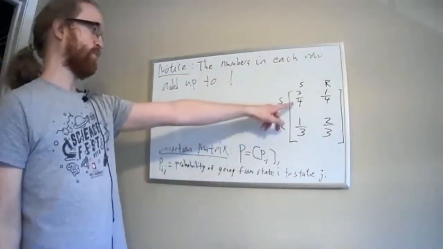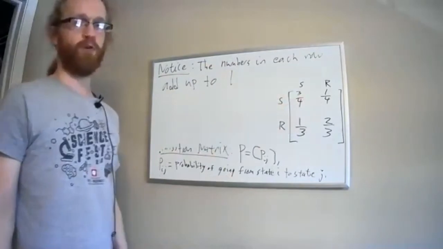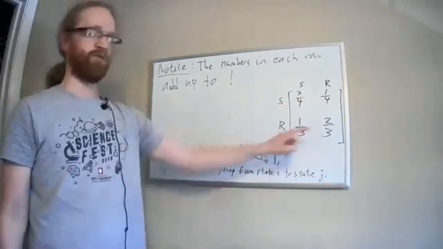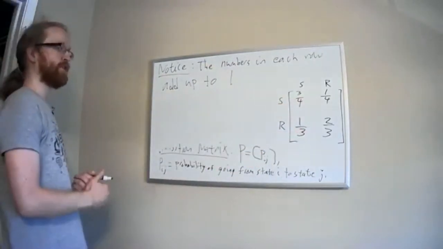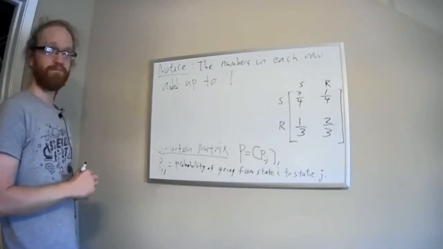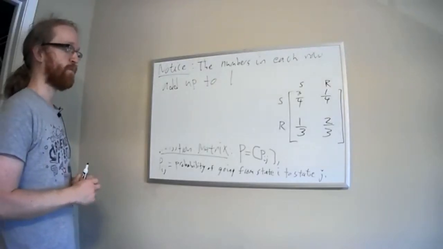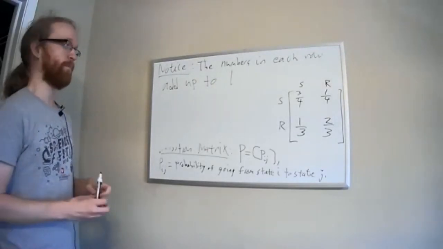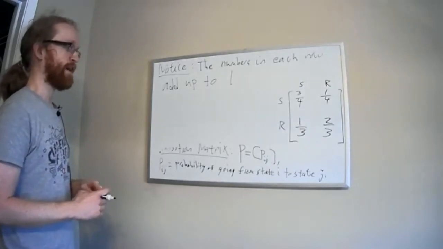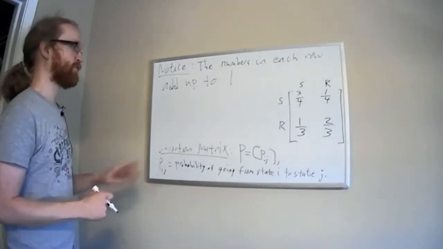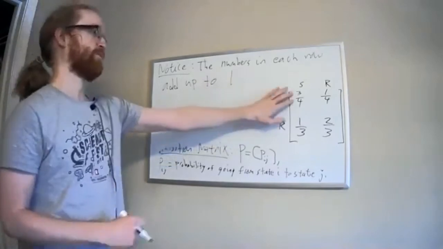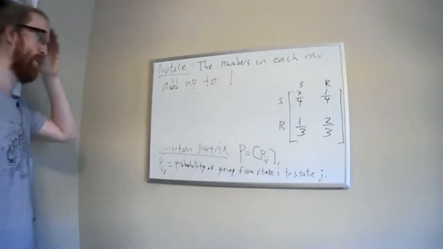For example, 3/4 plus 1/4 is 1, and 1/3 plus 2/3 is 1. That's going to be important later on, and this is always true of a transition matrix. A transition matrix always has this property: the numbers in each row add up to 1.